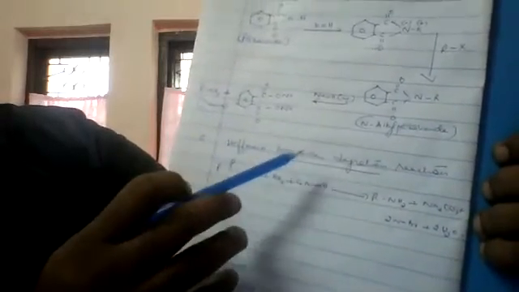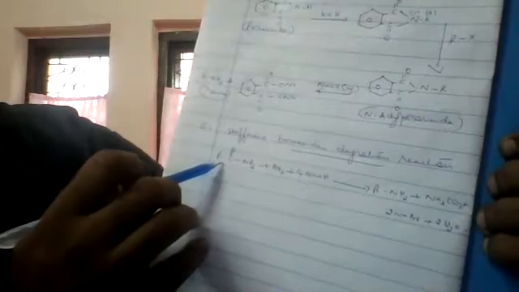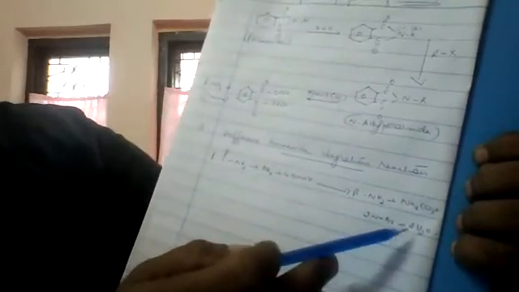Next, number 6, Hoffmann's bromamide degradation reaction. Another important name reaction. Now, the reaction is RCONH2 plus Br2 plus NaOH gives RNH2 plus Na2CO3 plus NaBr plus H2O. Here, a peculiarity is there for this particular reaction.